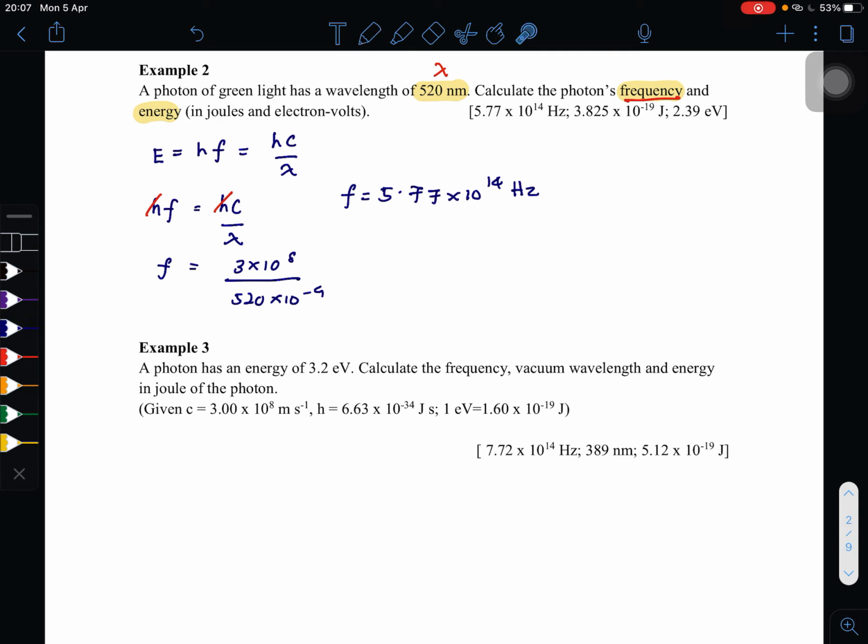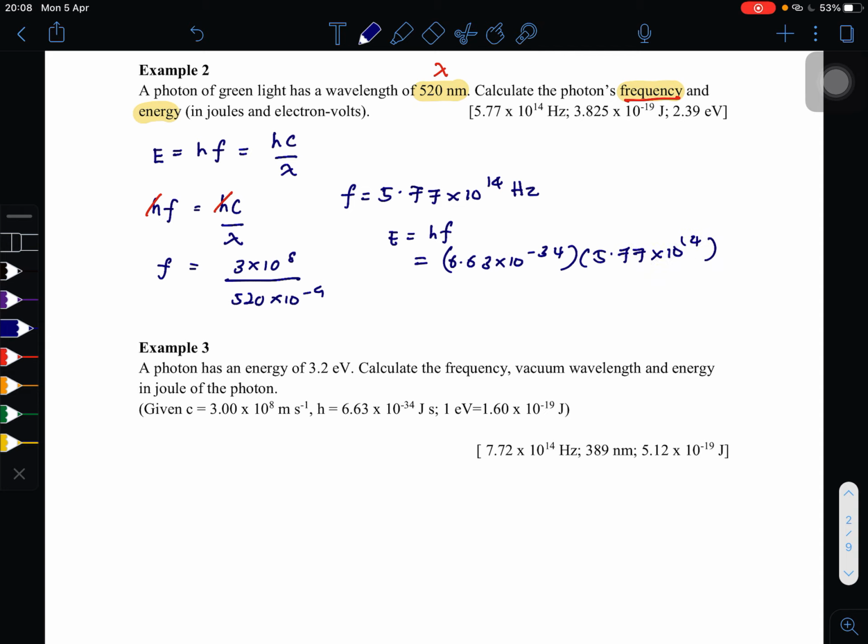Okay, so that's the first one. Second one is we want to find the energy. So energy using this formula only. Energy is equal to HF, di mana H is equal to 6.63 exponent negative 34, and then times with the frequency.